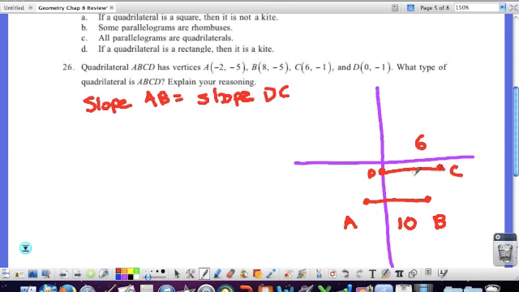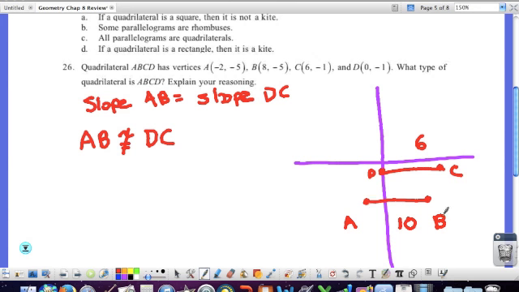So this is not right now looking like a parallelogram, obviously. The opposite sides are not congruent. So AB is not congruent to DC. Doesn't look like it here, but AB is actually a little bit longer. I'm going to see if I can improve my drawing.